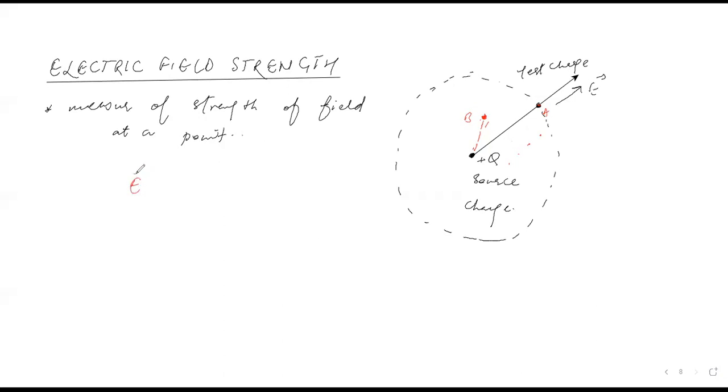Then please note it down. To calculate the strength of the electric field, we can write E is equal to the limit of q tending to 0. What is the q tending to 0? This is your test charge. So E is equal to the limit of q tending to 0 of F over q.